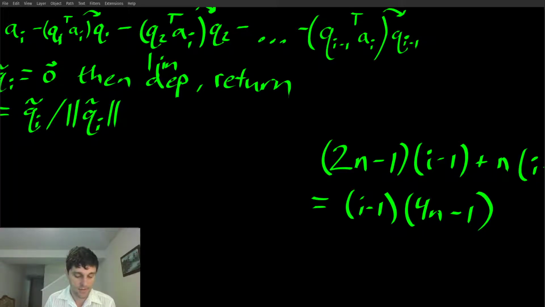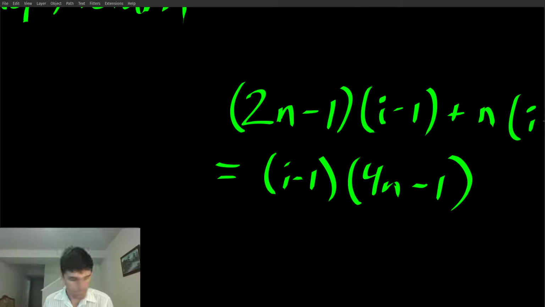So first we have to figure out the norm, which is going to be roughly the same as an inner product, except we also have to do a square root at the end. So that's going to be something like 2n operations here, right?